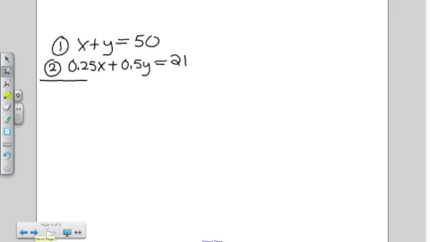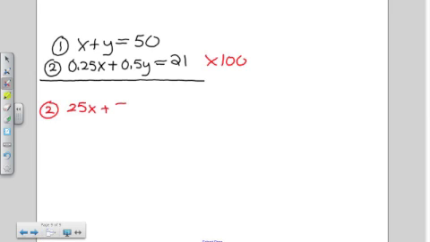Now, once again, just like the investment problem, I have some decimals that I want to get rid of, and I can get rid of them by multiplying equation number 2 by 100. And when you do that, the new equation number 2 is going to be 25x plus 50y is equal to 21 times 100, 2,100.